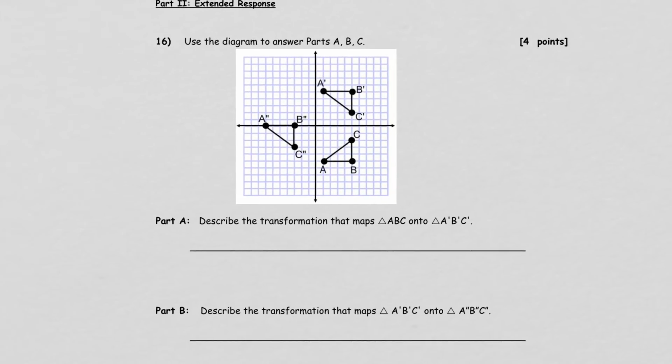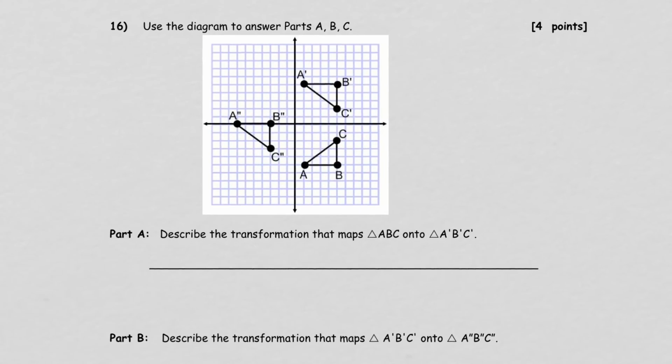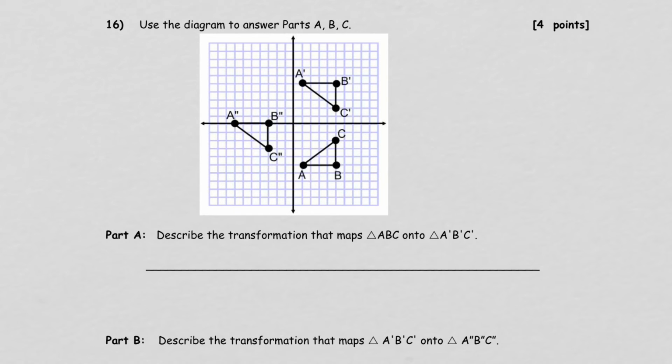And now on to the extended response. Describe the transformation that maps ABC onto ABC prime. Now, once again, we have to make sure we're going from the pre-image to the image. So it's going to be from here to here, ABC to ABC prime.